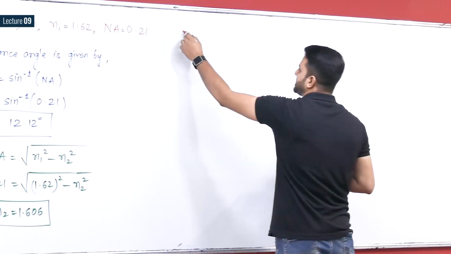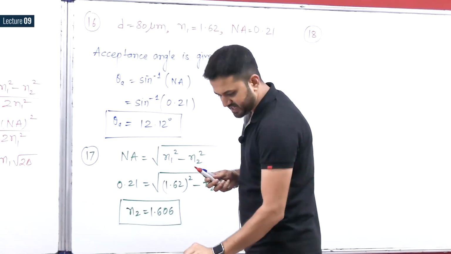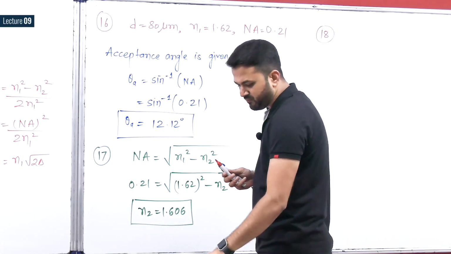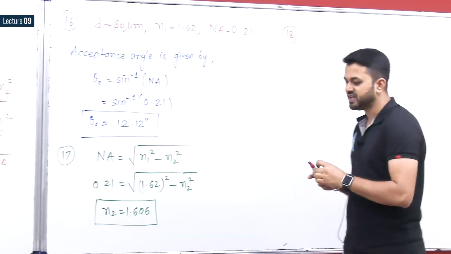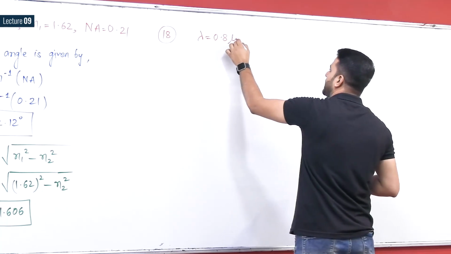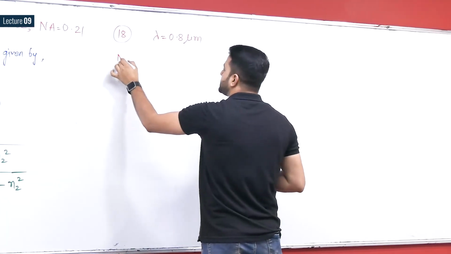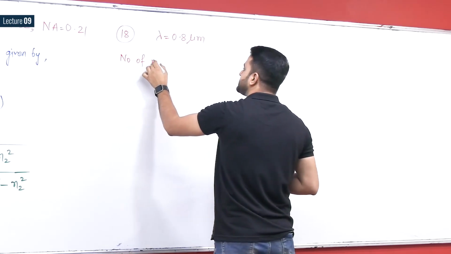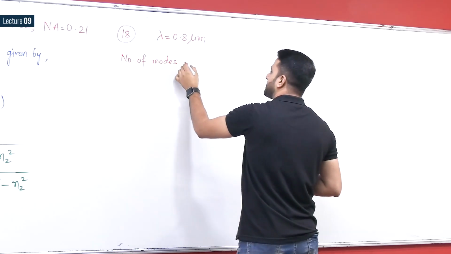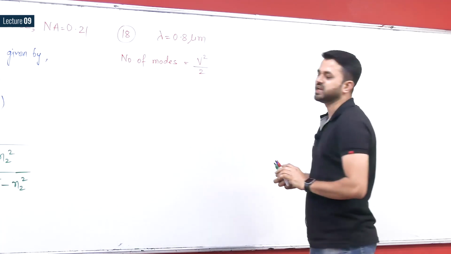Now next one is question number 18. In question number 18, we have to find the number of modes the fiber can propagate if the wavelength is 0.8 micrometer. So the wavelength is 0.8 micrometer, and we have to find the number of modes. The number of modes is equal to V square by 2, where V is known as the V number.